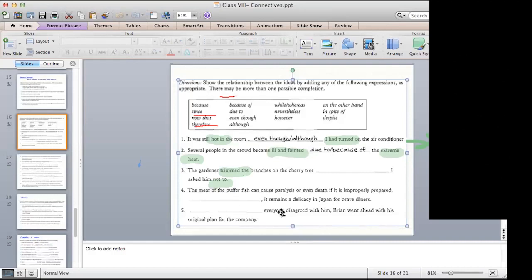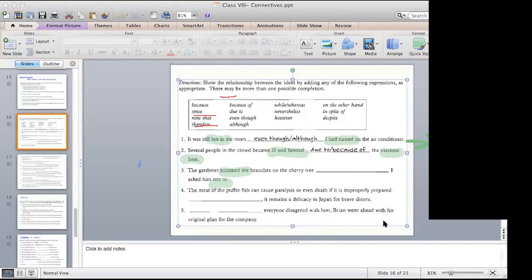We're going to use even though, although. Even though everyone disagreed with him, although everyone disagreed with him, even if everyone disagreed with him, that's good. Brian went ahead with his plans. Very nice, good.